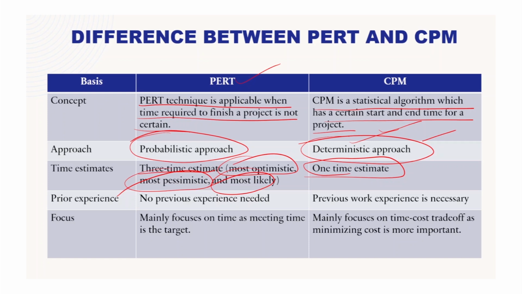Next, no prior experience is required under PERT, whereas prior experience is mandatory under CPM. PERT mainly focuses on time, as meeting time is the target. Okay. However, time and cost, both factors, are very important under the critical path method.